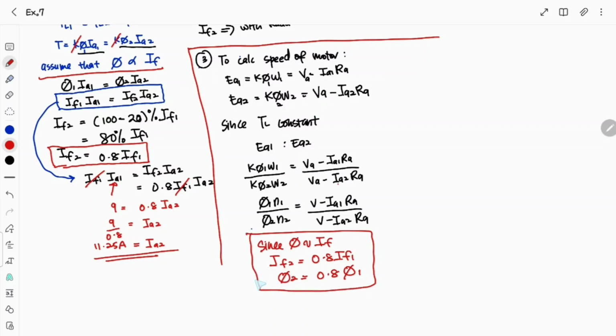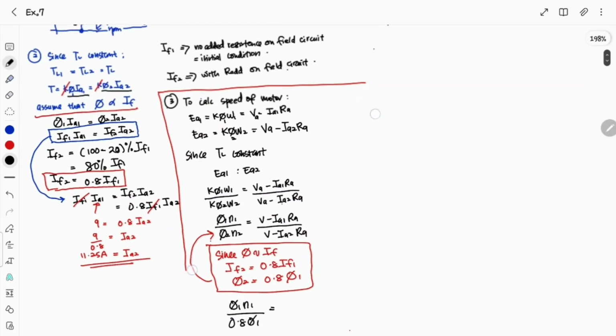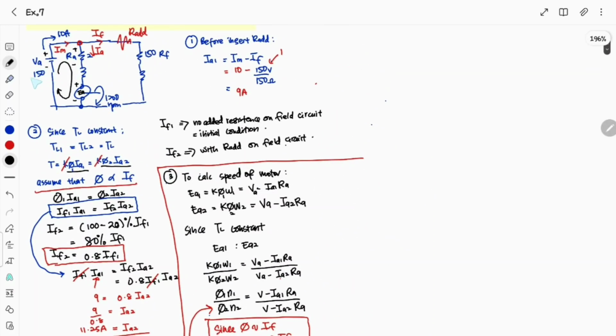Okay, and we need to use this one to fill up here. Now flux 1 is N1, flux 2 is 0.8 flux 1, and we can directly fill up this value. We know that your V is 150.